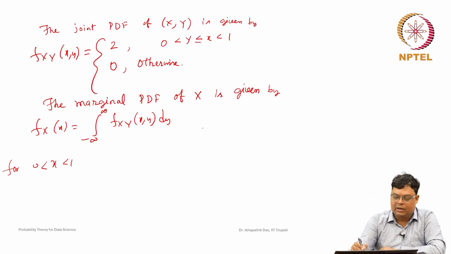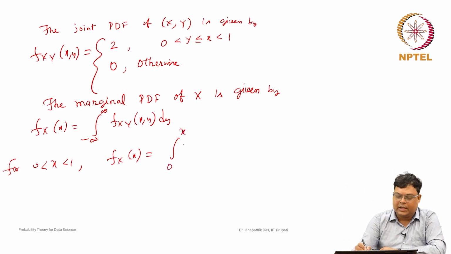So for 0 less than x less than 1, f of x is the integral from 0 to x of k, which is 2, dy. So this is nothing but 2x.